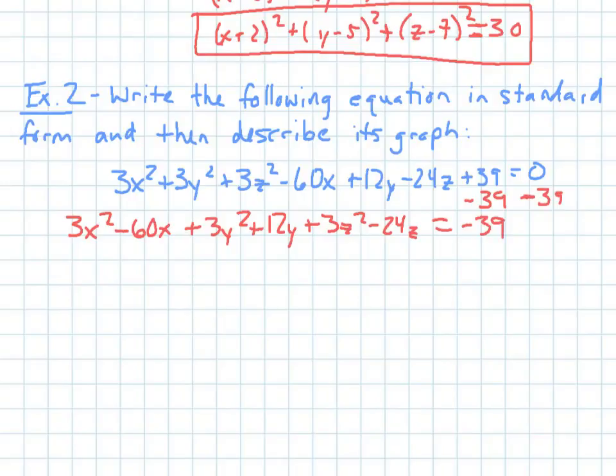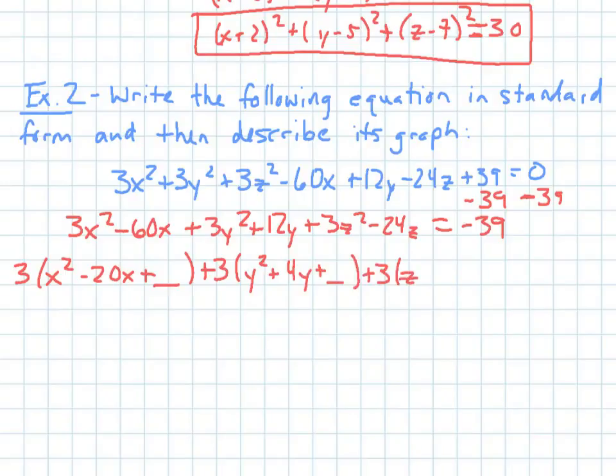Now put them in parentheses and factor out the good stuff. 3 would come out of the first one, so negative 60x becomes negative 20x, and you leave a plus blank. Then factor out your 3 for the y², which leaves you with 4y. Then pull out a 3 as well, which gives you negative 8z.